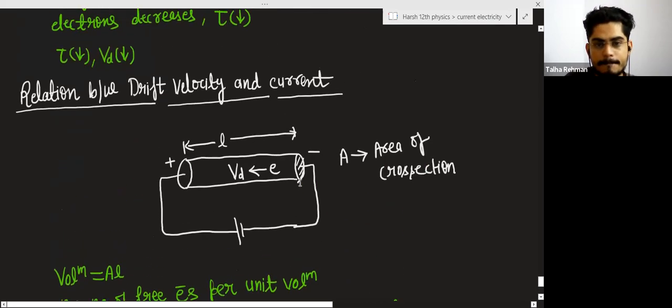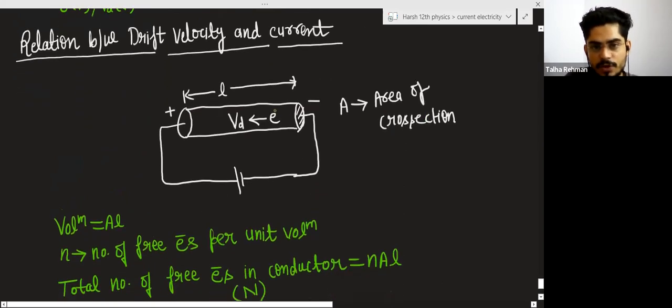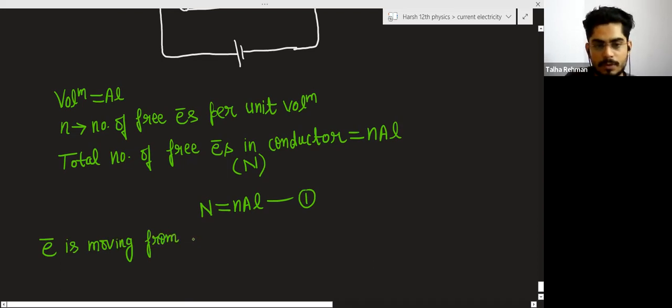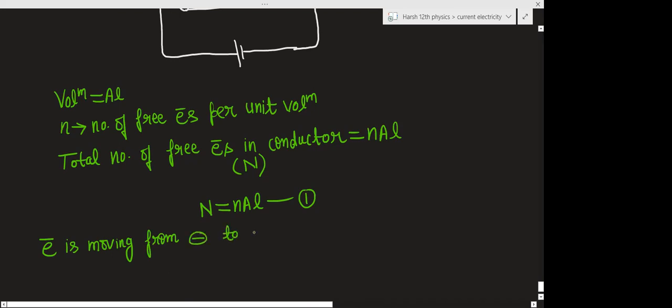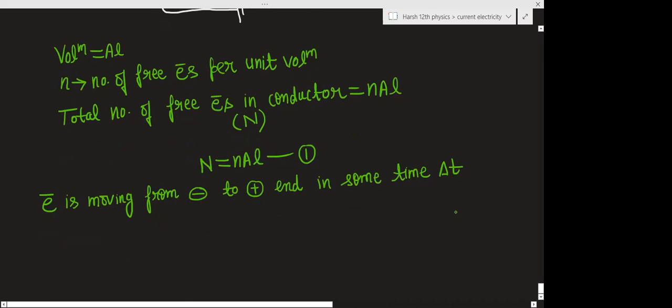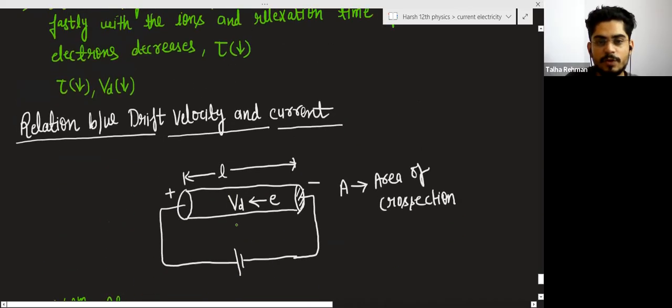One thing more: the electron is moving from the negative to the positive end in some time delta t, and L is the length of the conductor.